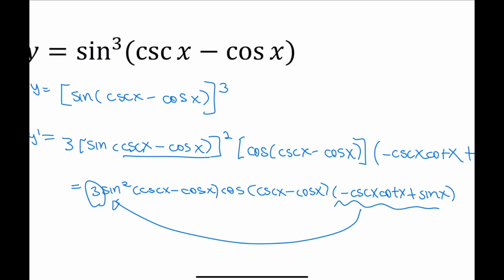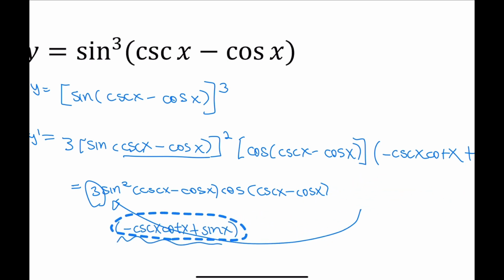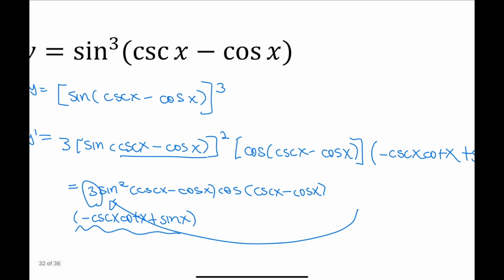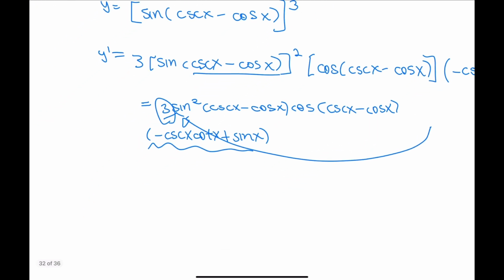So to not confuse ourselves, I think it's best to put this to the front. Yeah, right here. And then that would be our answer. If it's a little confusing, I'll get rid of this one for you. Okay, so this is going to be our answer for number 18.